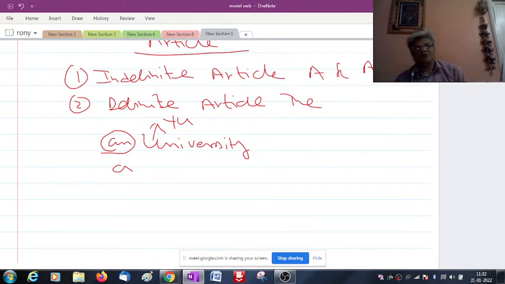U is a vowel, so basically as per rule, we should use an. But university, this word starts with this U sound. Whenever this U will come, we cannot use an. We will use a university. These are the exceptions. Got it?